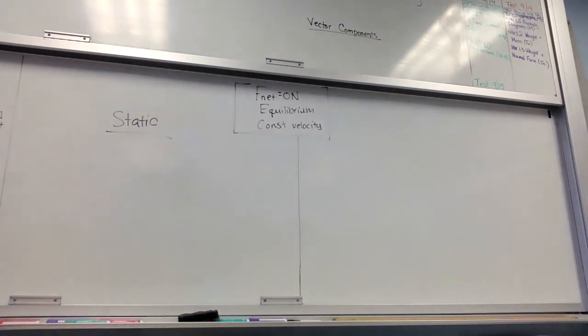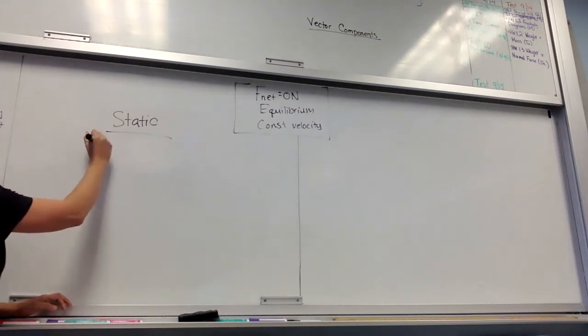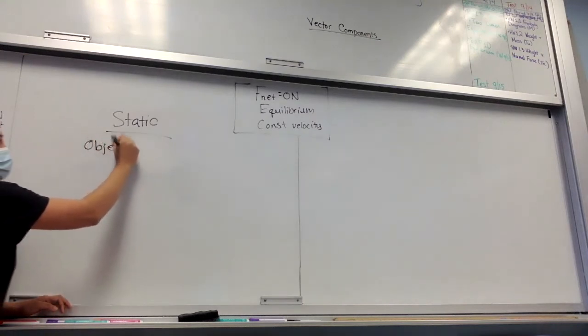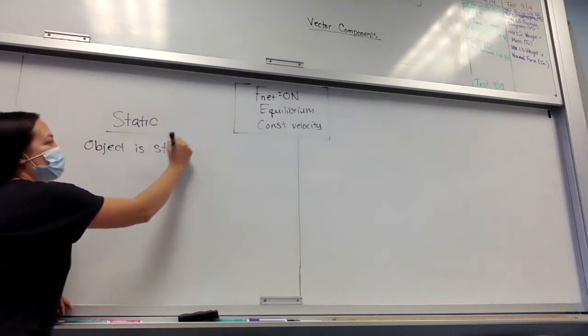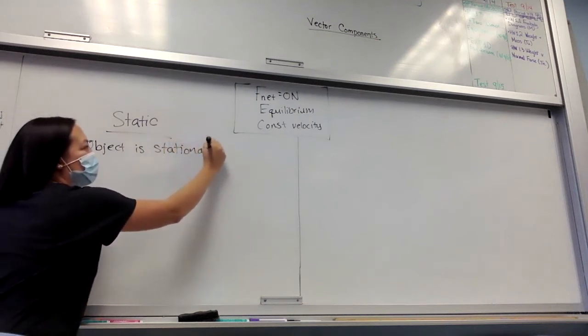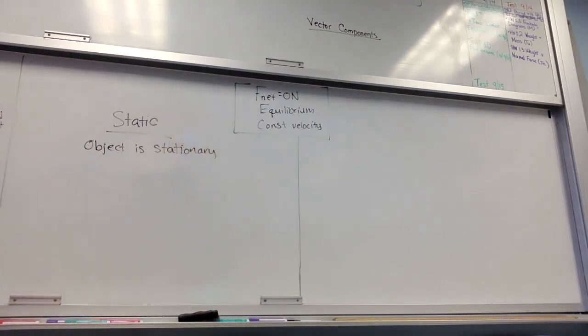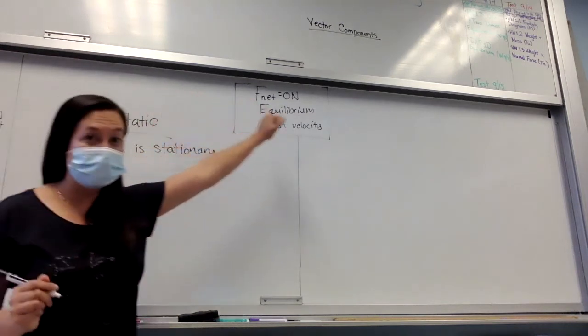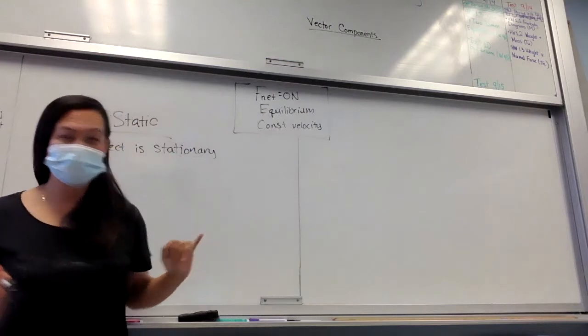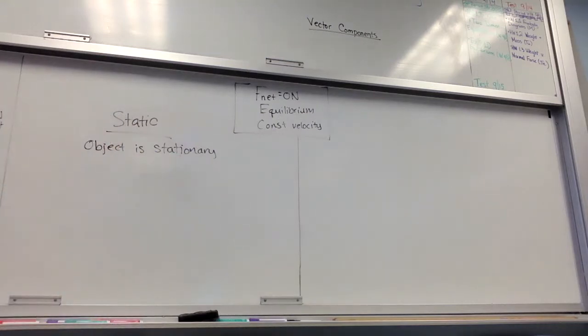Static equilibrium is the state where your object is stationary. All of those ones around our room, our object is stationary. So I know that the net force is 0, and it's going at a constant velocity of 0. Static equilibrium, object is stationary.